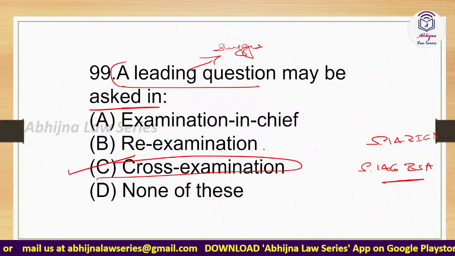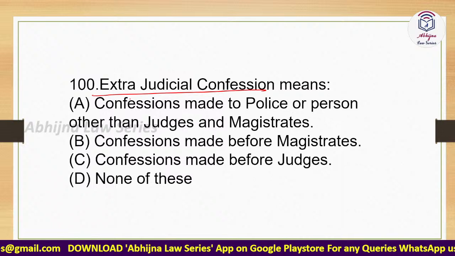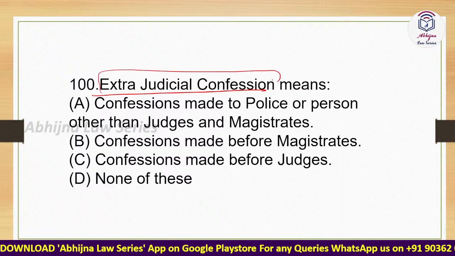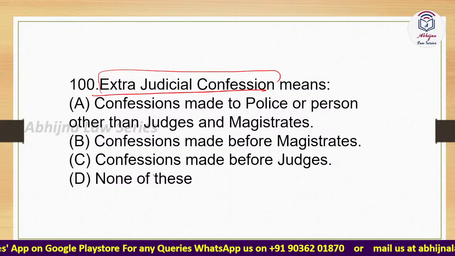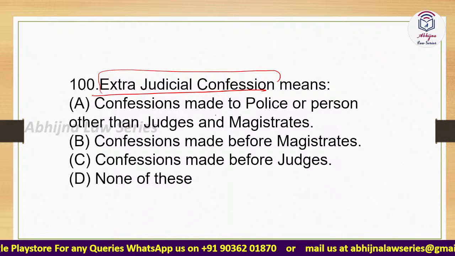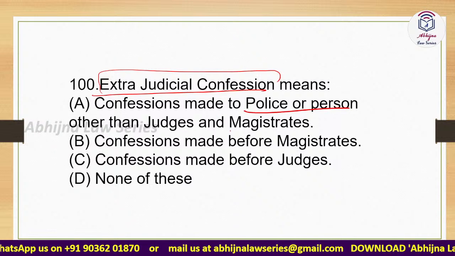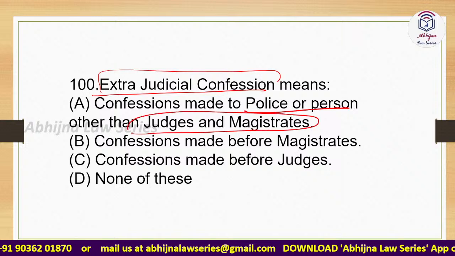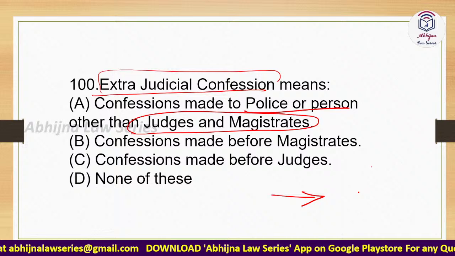Okay. The last question: extrajudicial confession means what? Extrajudicial confessions are those made before police or other persons who are other than judges and magistrates. If the confession is made before a judge or magistrate, it is said to be a judicial confession.